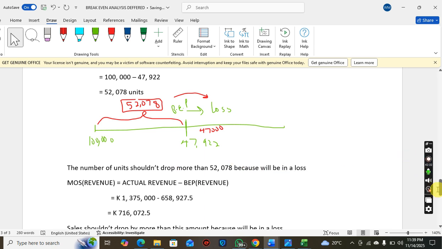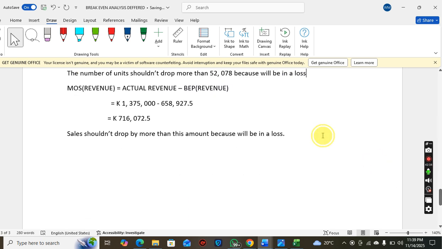And the margin of safety, you can also get it as a percentage in case you're asked about it. Margin of safety in percentage format. It's not part of the question, but just in case.